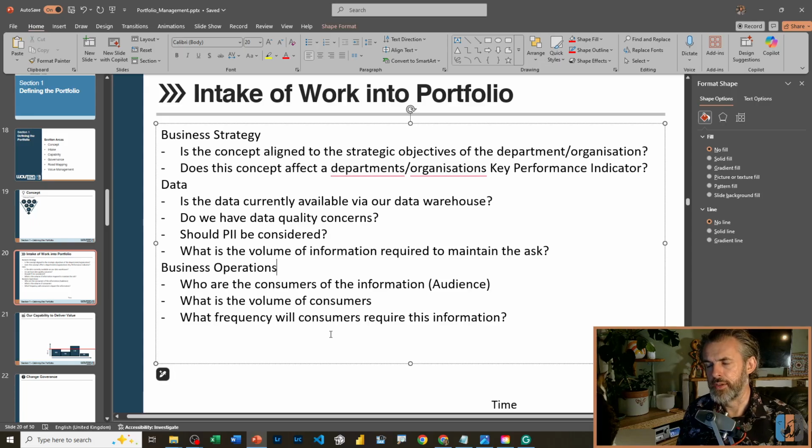And if the answer is, well, you can meet it, but the server compute that we have to throw at that in order to meet those quality expectations is going to cost X amount every month, then it might put into question the value of the concept.